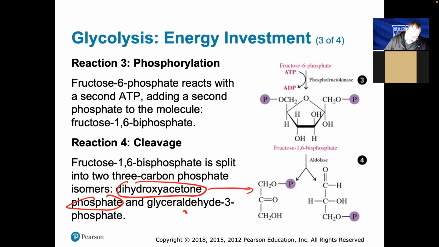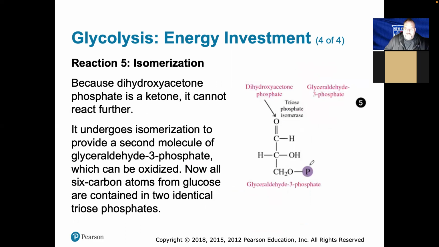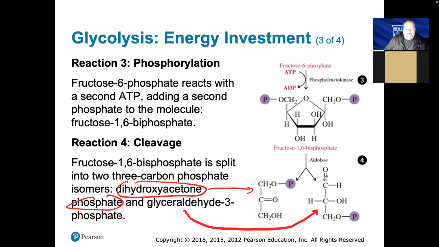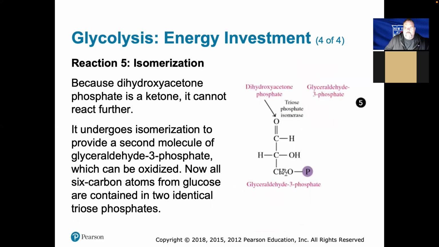And then the glyceraldehyde, because this would have to be the aldehyde group, would be that structure there. And we know that ketones cannot undergo oxidation, but aldehydes do. So the dihydroxyacetone phosphate is converted into the glyceraldehyde 3-phosphate. So essentially you get two of these molecules at the end of the day, one from the splitting directly, and then one from the isomerization.